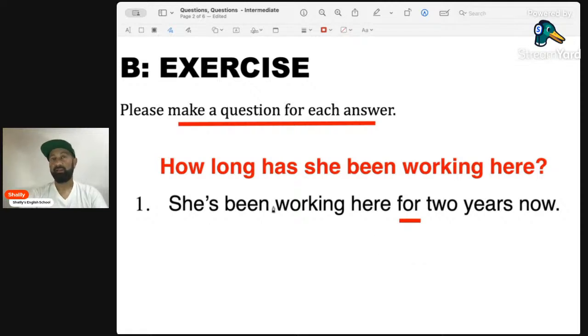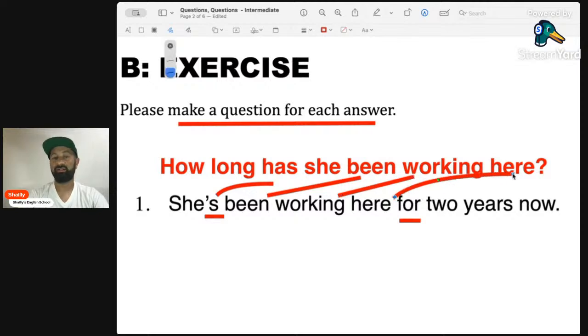And then the question and answer, I always say this to students, they should use the same words. So she's been, this is has. You notice we've got has here, we've got been, we've got working, we've got here, and we've got she in the middle.